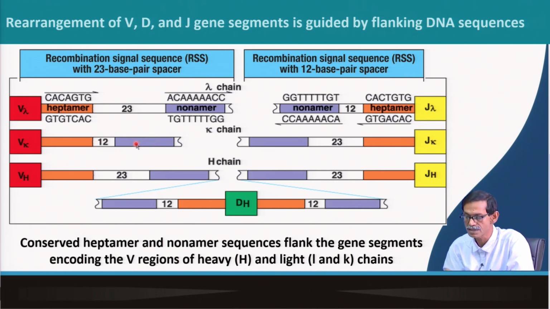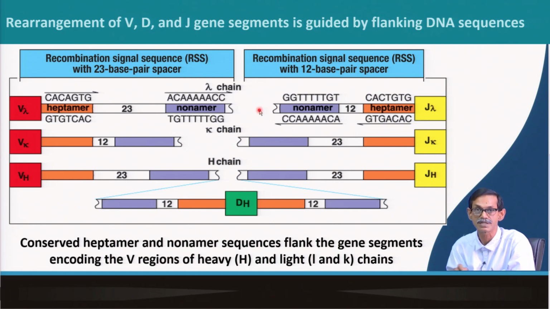It is just reverse. In J, it is heptamer, then 23 nucleotide spacer, then a nonamer. So, it is just reverse. In lambda chain, it is heptamer 23 nonamer for V, and in case of kappa chain, the same sequence is with the J segment, like heptamer 23 nonamer.